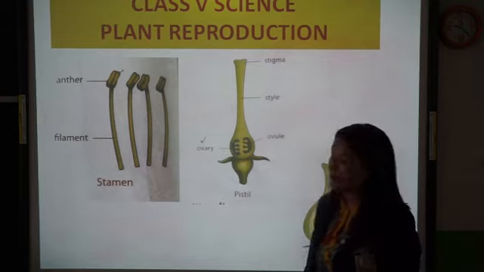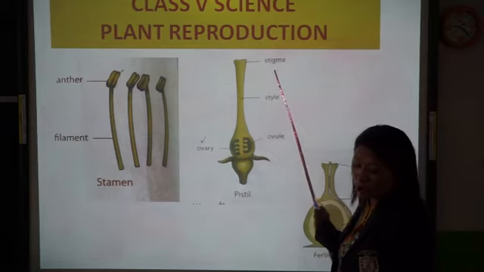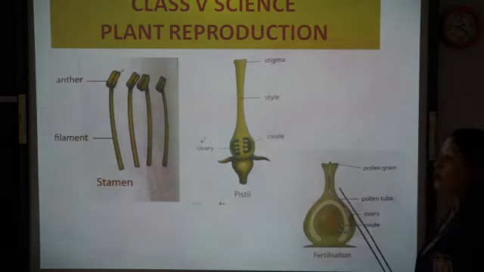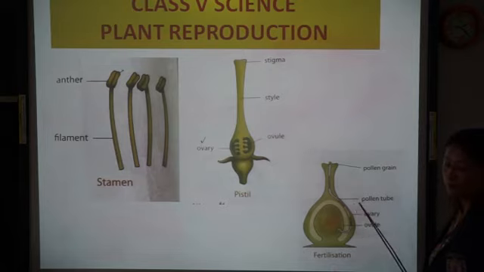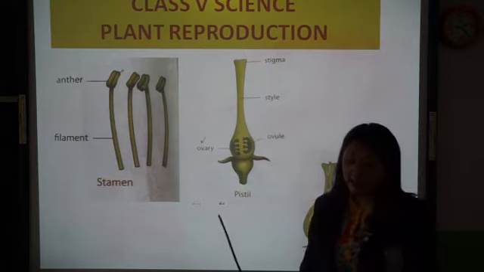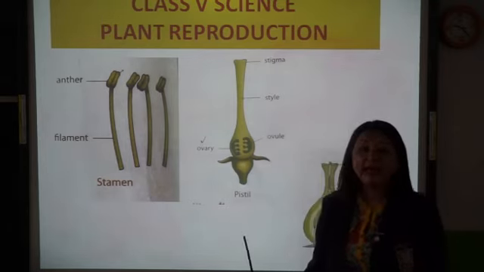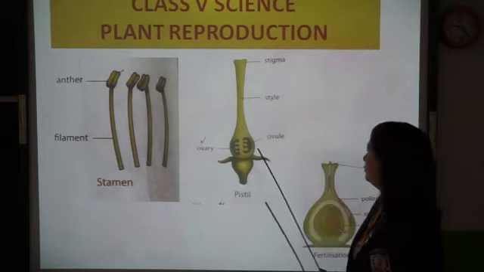Pollen grains land on stigma and produce a tube called pollen tube. This tube carries male gamete through the style to the ovule.